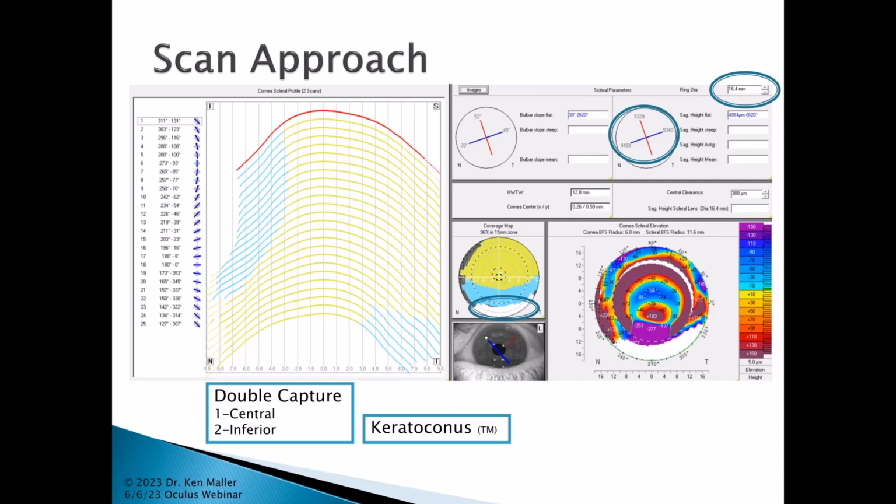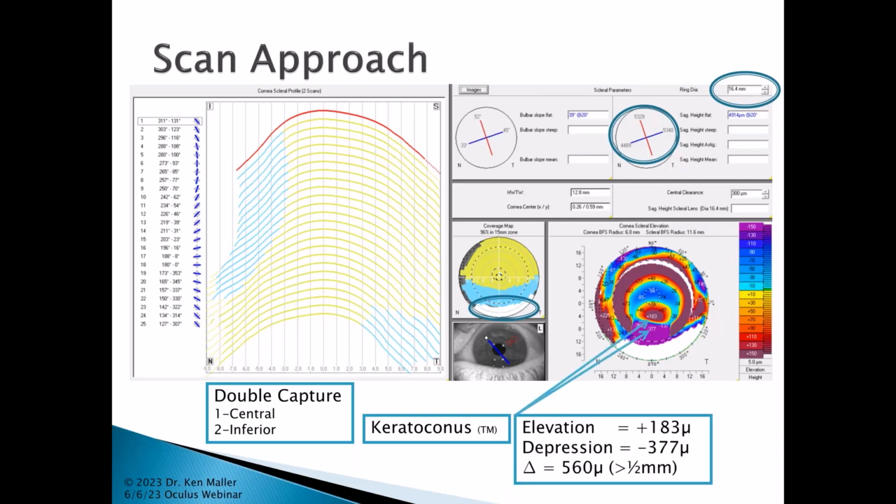So what do I mean by a data problem? Well, if we take a look over here on the elevation map, you can see that where the cone is, we have an elevation of about 183 microns at the peak, yet just below that we have a depression of 377 microns, which means that the cornea is taking a 0.5 millimeter dive down right at that spot.